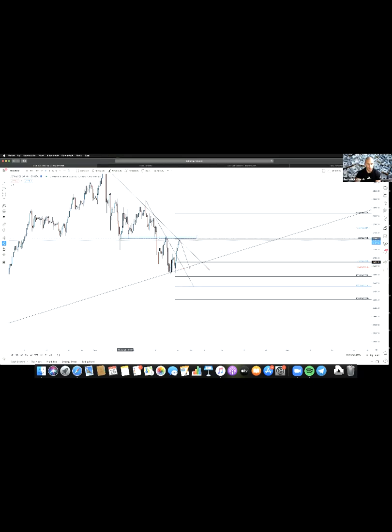And after, I'm looking to take a long position, and the first target will be the neckline, the second one will be the -27, and the third one will be the -68, 28,000.